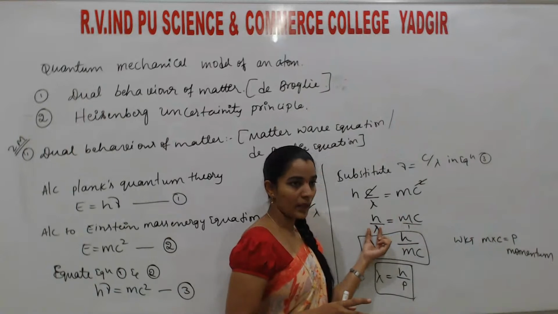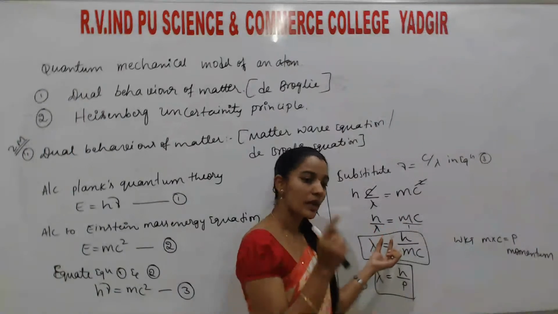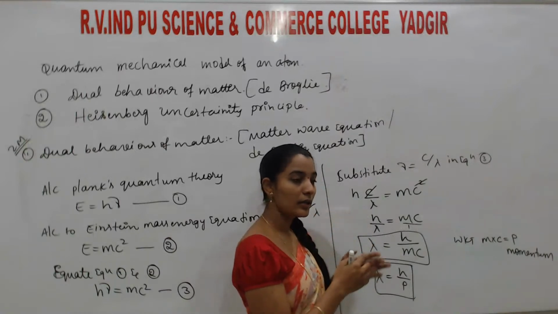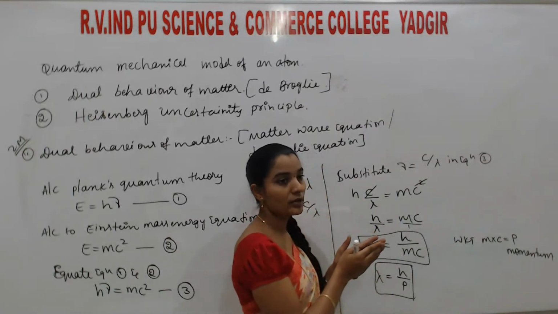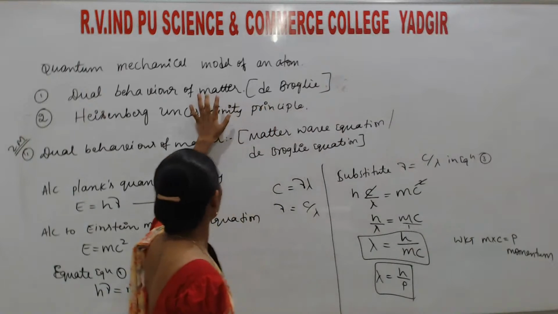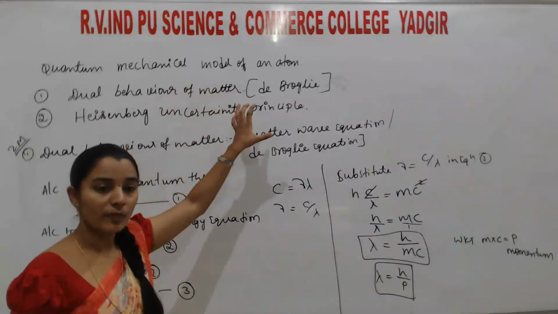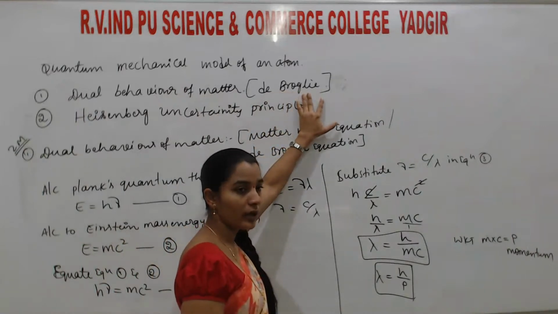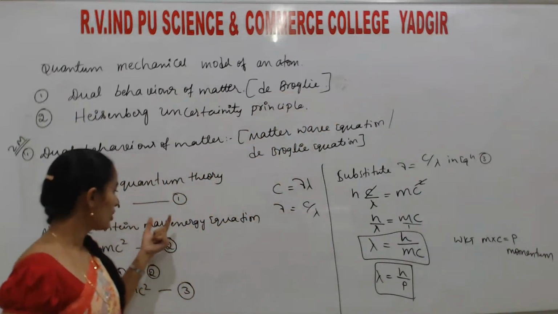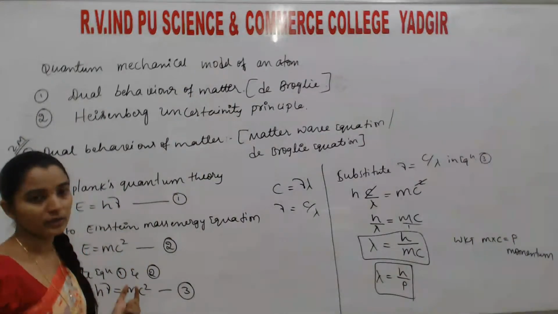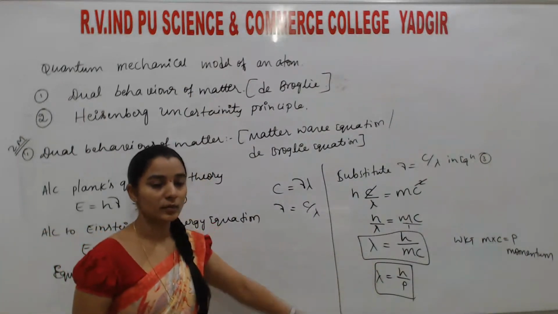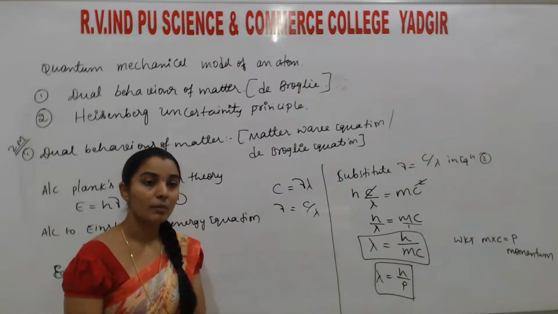Lambda is here. Lambda means what? Wavelength. It also explains wave nature. So both wave nature and particle nature are explained in the same equation. That is the nature of matter, or the dual behavior of matter, successfully explained by de Broglie by considering the two equations of Planck and Einstein. This is the equation that successfully tells about the nature of matter.